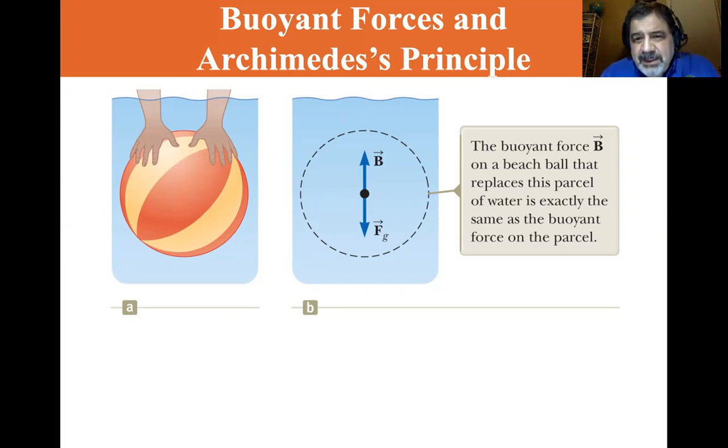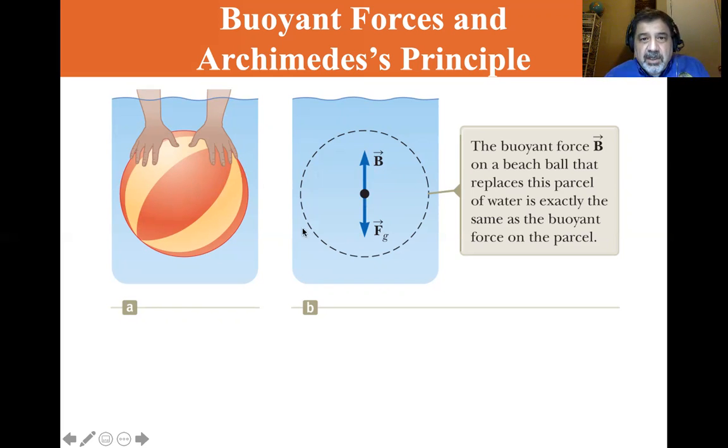The buoyant force B on a beach ball that replaces this parcel of water is exactly the same as the buoyant force on the parcel. So if you take this parcel of water that is equivalent, the buoyant force is equal to the force of gravity of this amount of water.